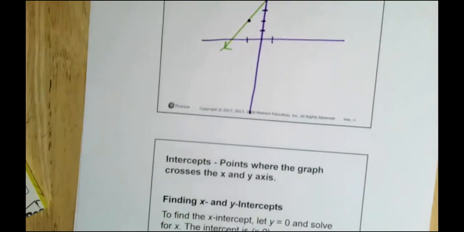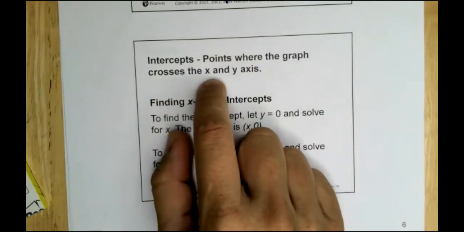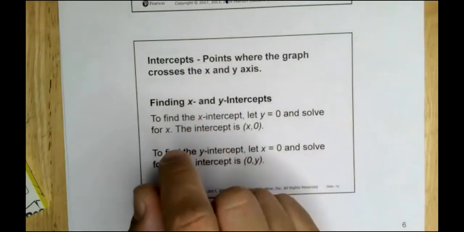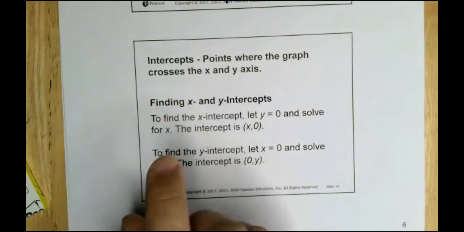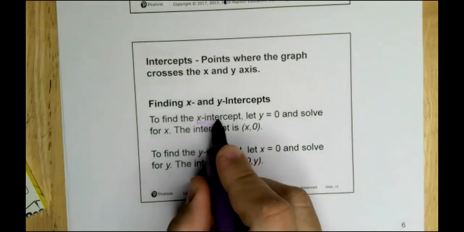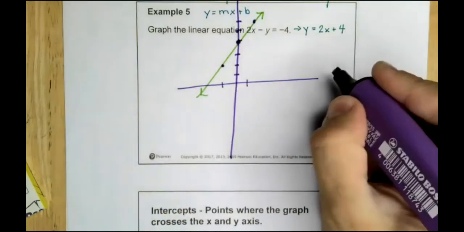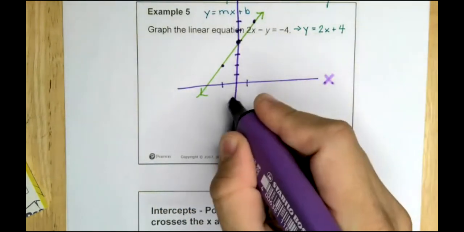All right. Intercepts are points where the graph crosses the x-axis and the y-axis. So we call it the x-intercept. When you find the x-intercept, y is 0. So this is the x, right? You are crossing x.